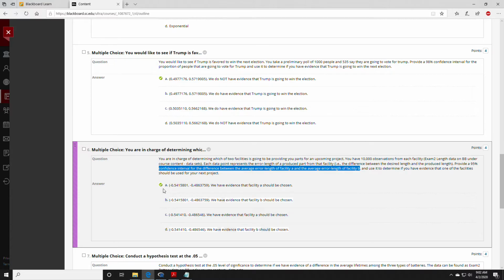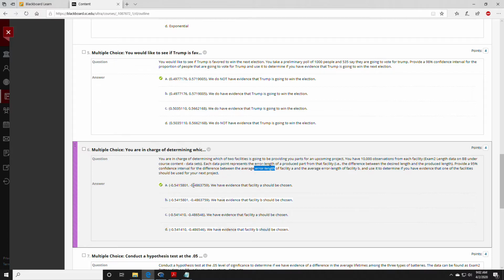And of course, this confidence interval is completely negative. So we have evidence that facility A should be chosen. This is a problem where I think it takes a little bit more time. You have to really read into what you're talking about. Each data point is error length, and error length is bad.